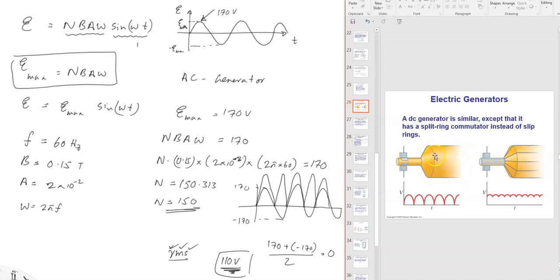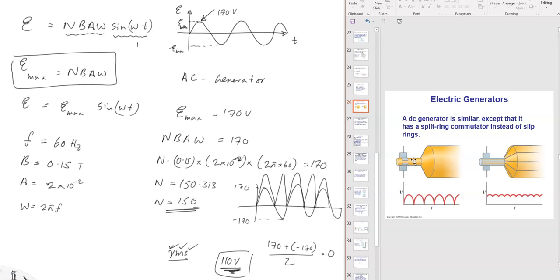Inside the coil, it goes back and forth. But because of this particular arrangement, now the coil has two wire ends. One end is connected to a half a ring, that's a split ring. The other end connected to another half a ring. Previous one has two solid rings. Now we use half rings.